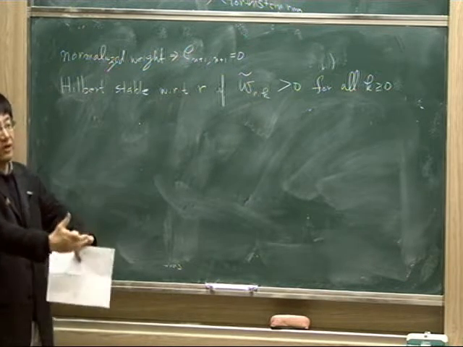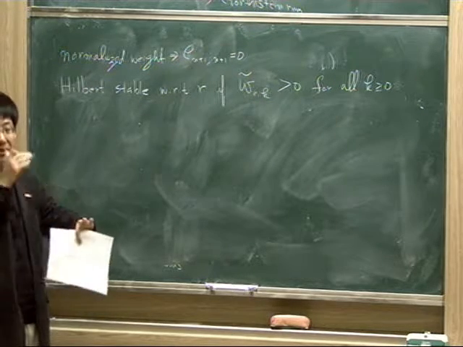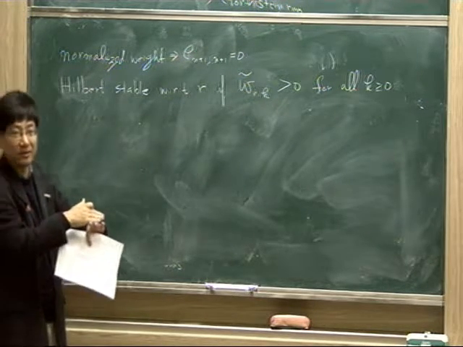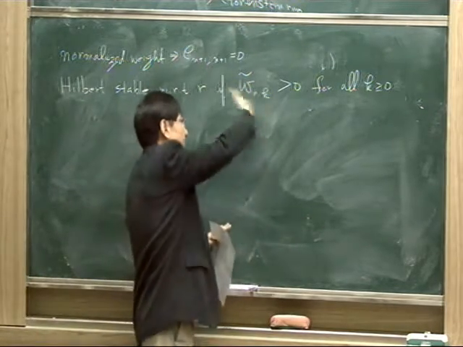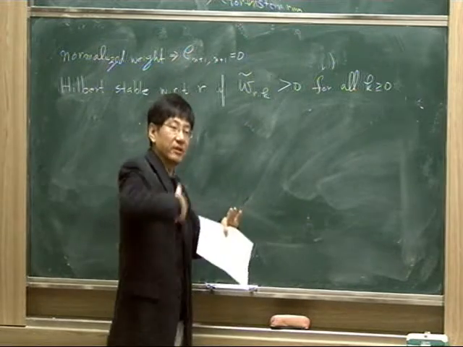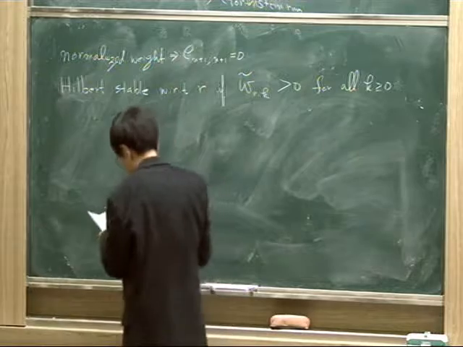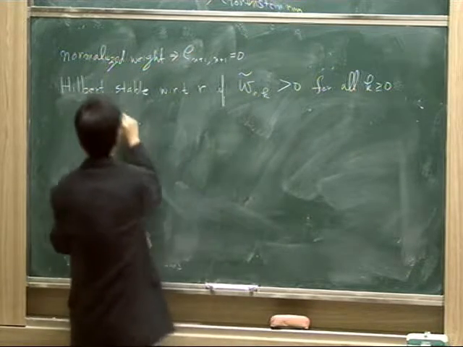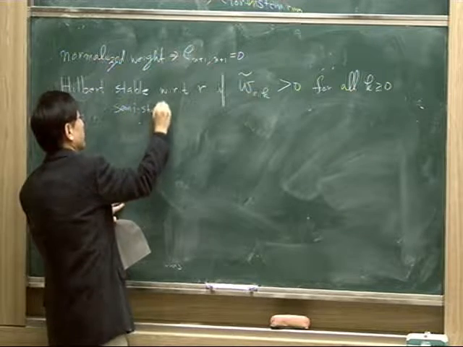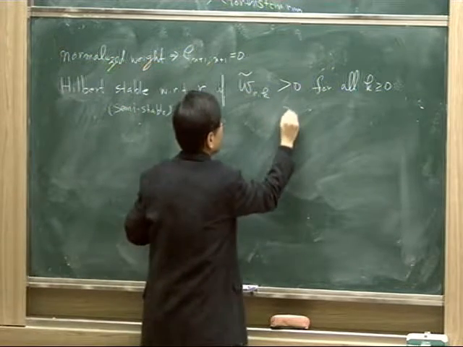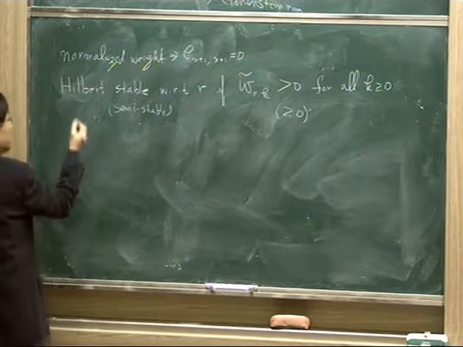So something like if you are positive, then you cannot go to 0. So this is kind of the idea, okay? Because a bad point means the 0 is in the orbit closure, but if the weight polynomial is positive, you cannot go to 0. So that one is positive. And semi-stable means this is non-negative. Okay, so that is the definition of Hilbert stable.